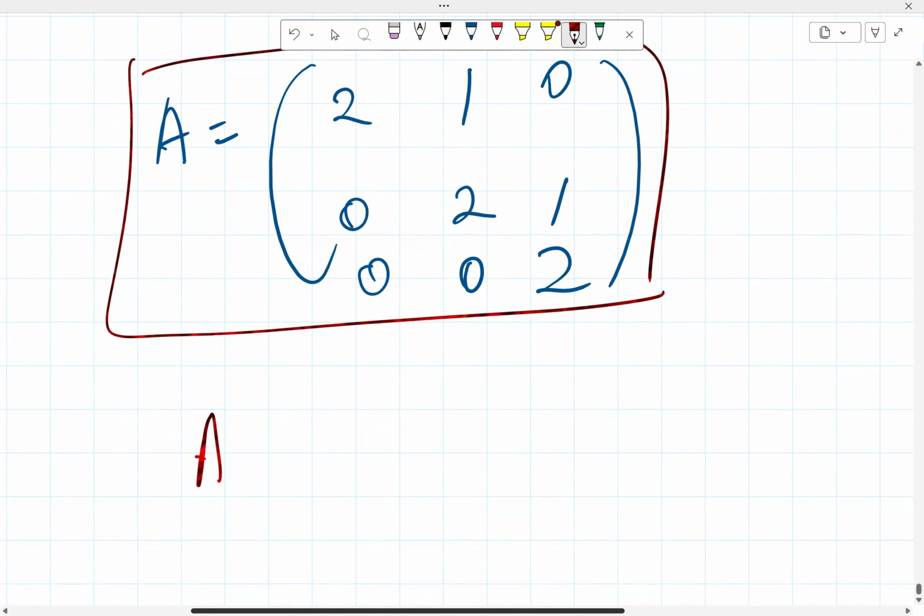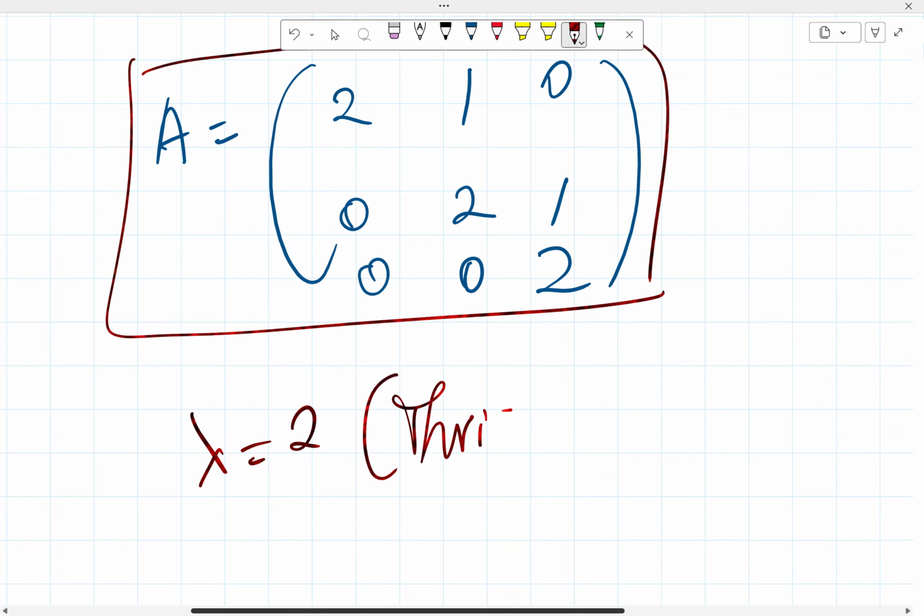So we know that lambda is equal to 2, and that happens thrice. So the eigenvalue is 2 with a multiplicity of 3.